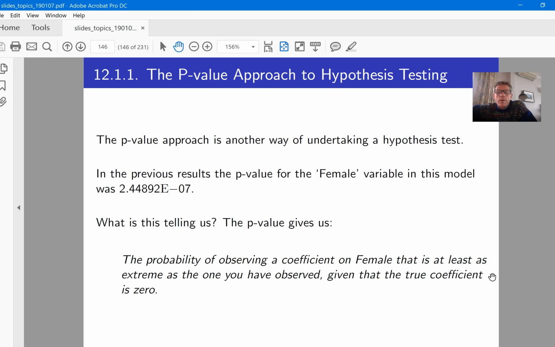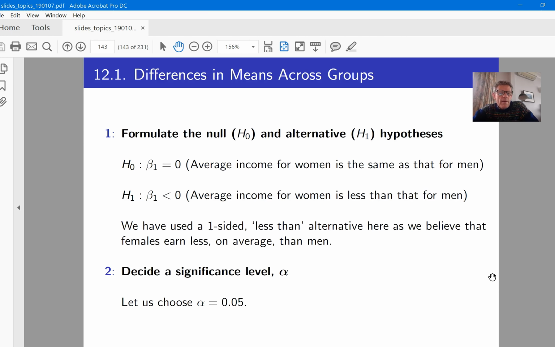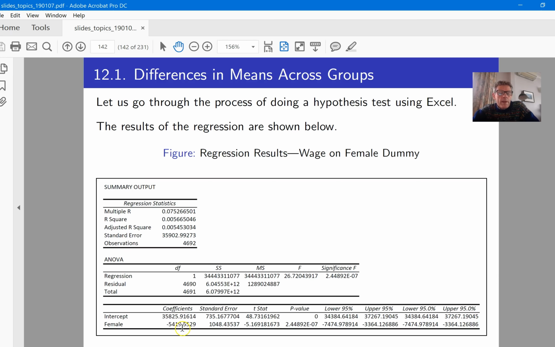If the truth was 0, what's the chances of getting a value, in this case, minus 5,420 by fluke? If there was no difference between men and women in terms of average wages, you will get a sample, and you won't get exactly 0 for this coefficient, even though you'd like to. You'll get a number that's perhaps a bit bigger than 0, but less than 0.